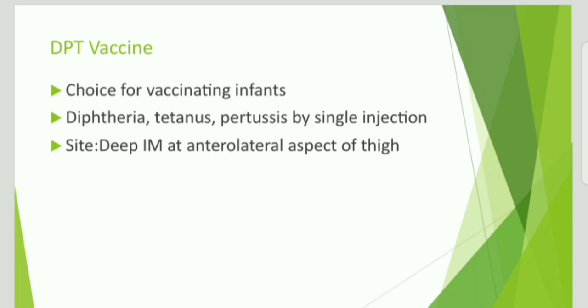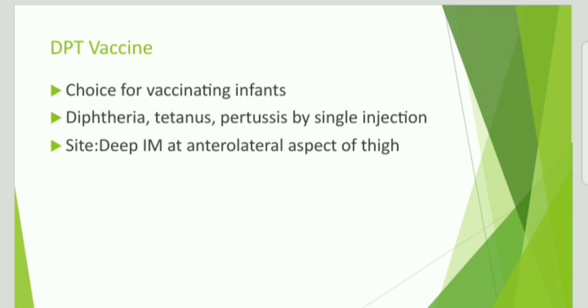Second, the pertussis component acts as an adjuvant and increases the immunogenicity of DT and TT. A total of 5 doses of DPT are given, 3 doses at 6, 10 and 14 weeks of birth, followed by two booster doses at 16 to 24 months and 5 years.